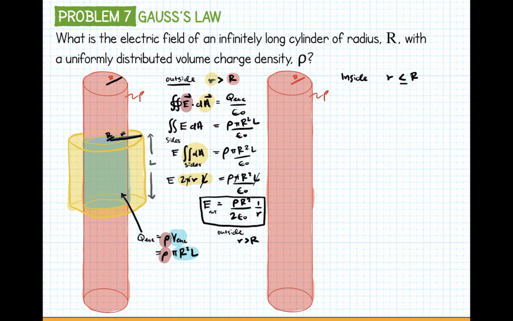And we can make these less than or equal to, and I can show you what that means in a second. But inside, we're going to start with the same Gauss's law, E dot dA is equal to Q enclosed over epsilon naught.